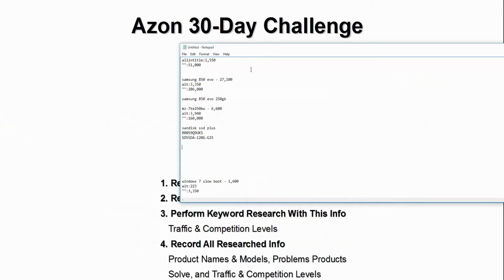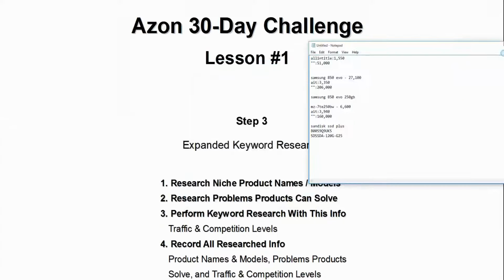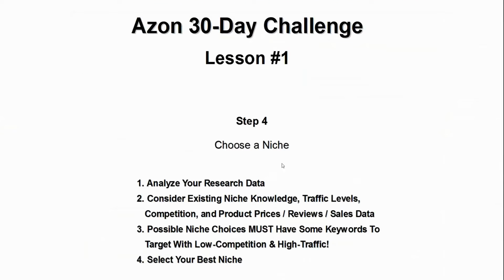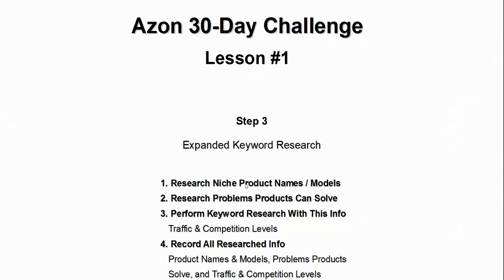So once I have reached this point, I have looked at, sorry, I skipped over it. I have looked at additional product names and models, and I have researched traffic levels and competition on them. I have done the same thing for problems relating to my product.